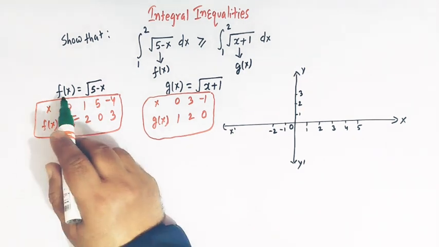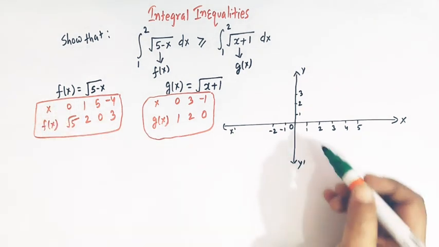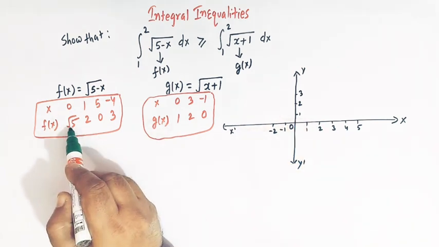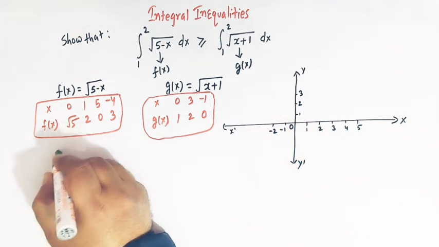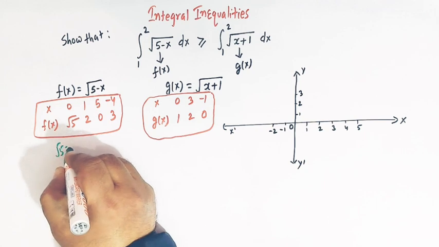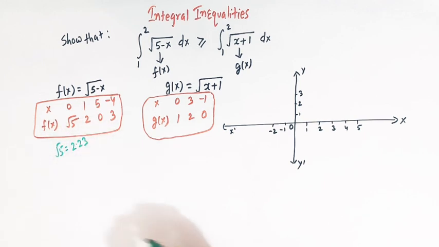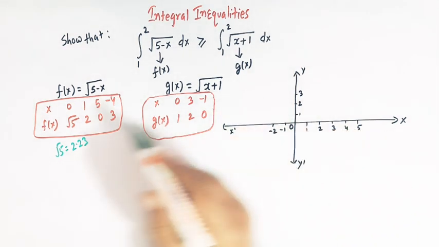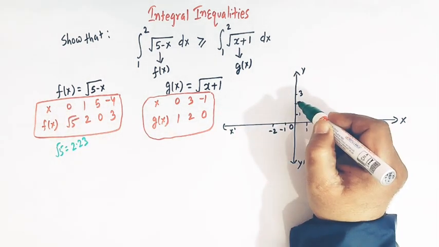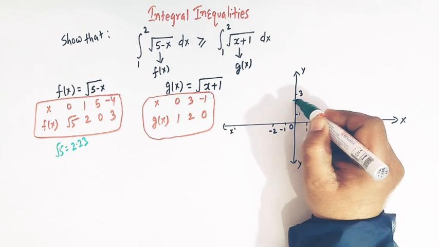Let us first take f of x. Here we have x equal to 0 and square root of 5, the approximate value of which is 2.23, so when x is 0 we have 2.23 somewhere here.